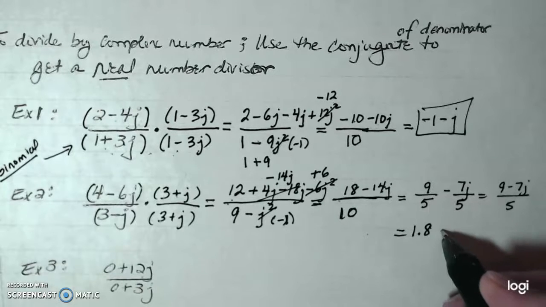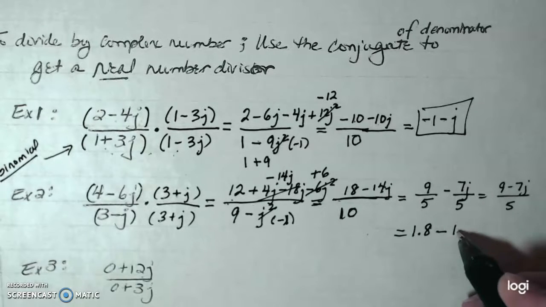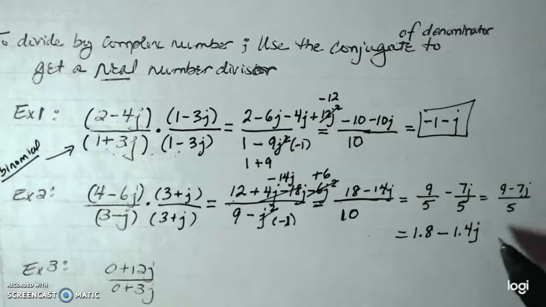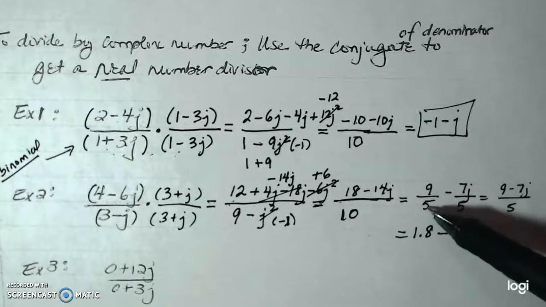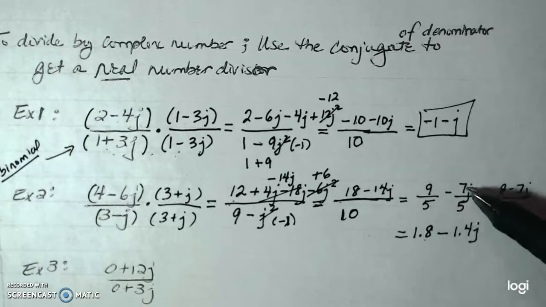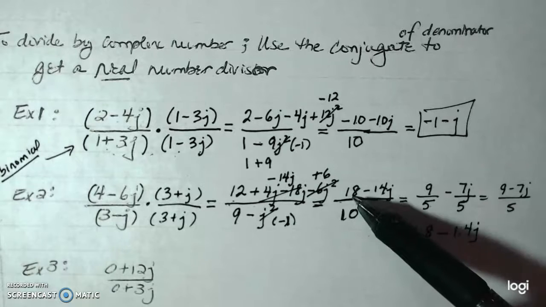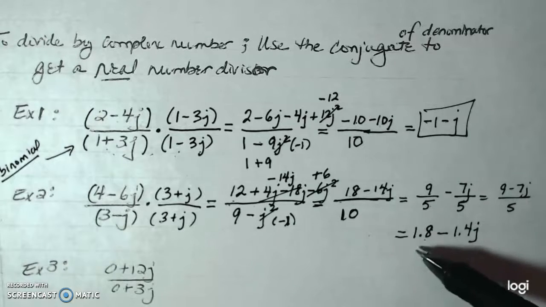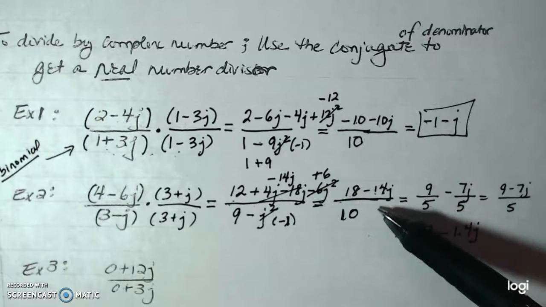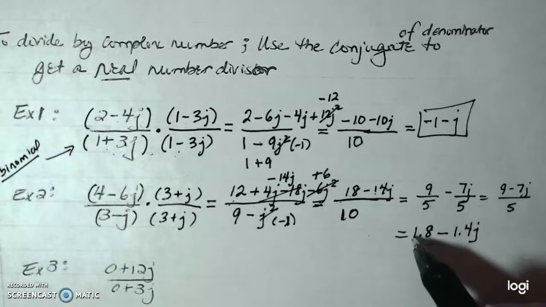Instead, you'll see it written as the equivalent 1.8 minus 1.4j. And if you don't know how to convert those to decimals, you can use your calculator on each one. But I did 18 divided by 10, which I know is 1.8, and negative 14 divided by 10, which is negative 1.4j.